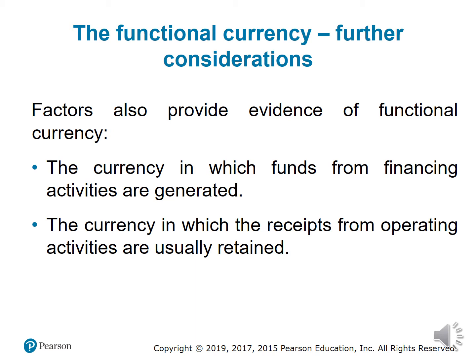And also the currency in which the receipts from operating activities are usually retained, right? Whatever money they receive by providing services to the customer, by selling their products to the customer, the money they retain should be recorded in functional currency.